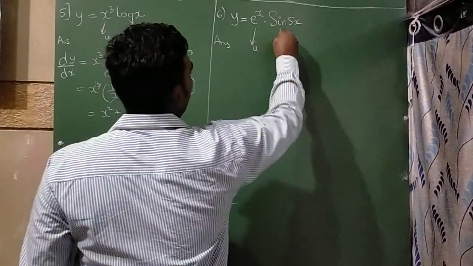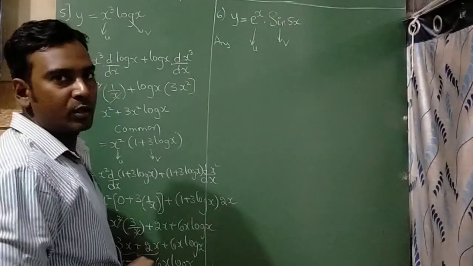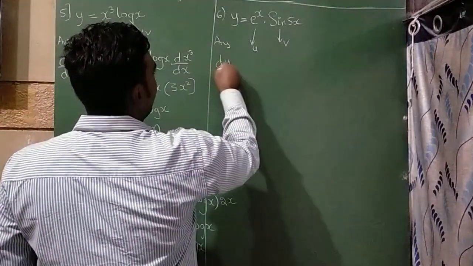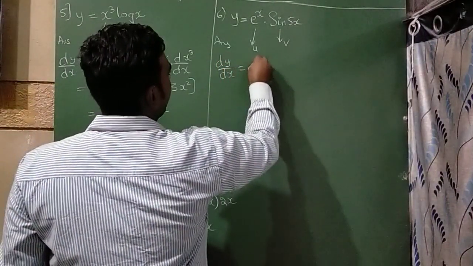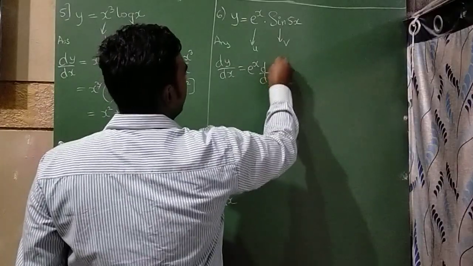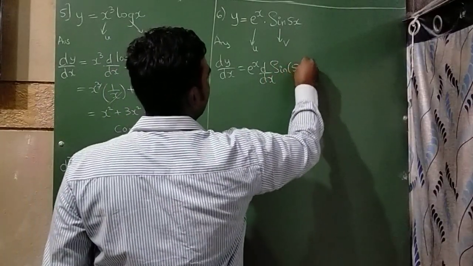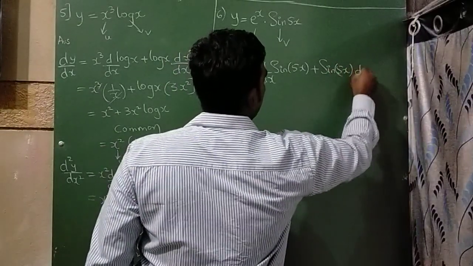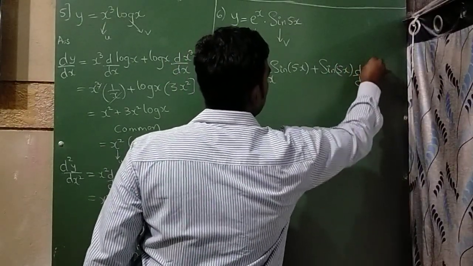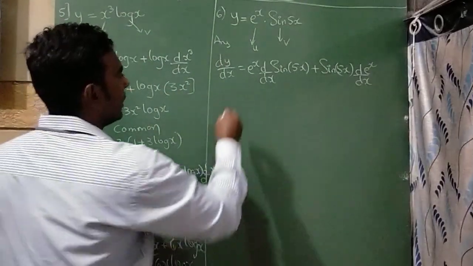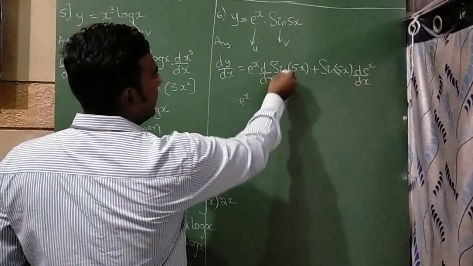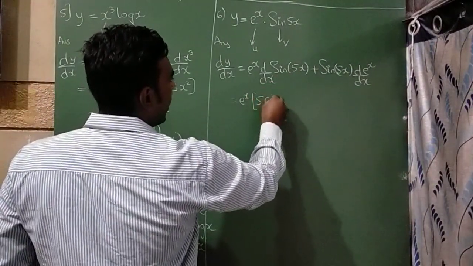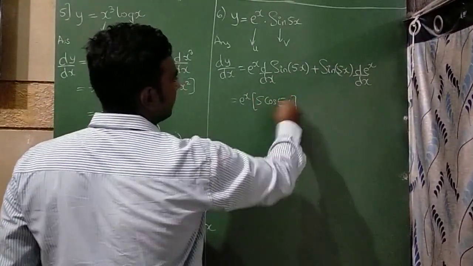Here this is u and this is v. Again we need to solve by product rule. So dy by dx is equal to e raised to x d by dx of sin 5x plus sin 5x d by dx of e raised to x. Okay, now e raised to x, d by dx of sin 5x is 5 cos 5x.